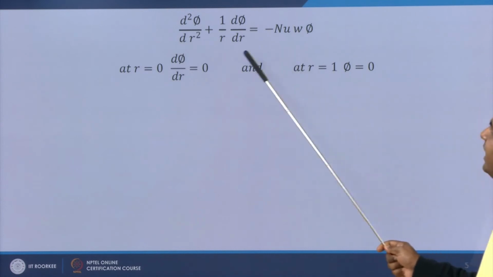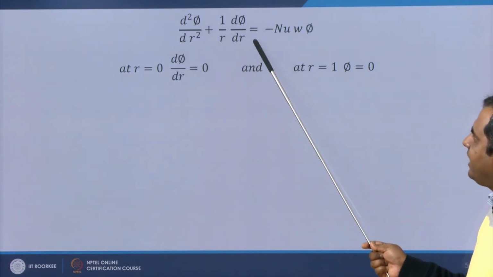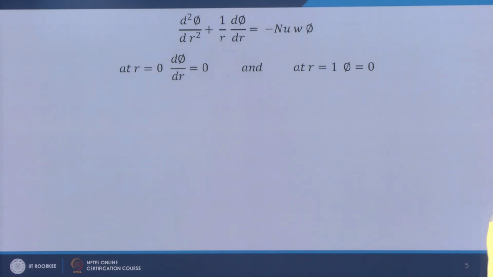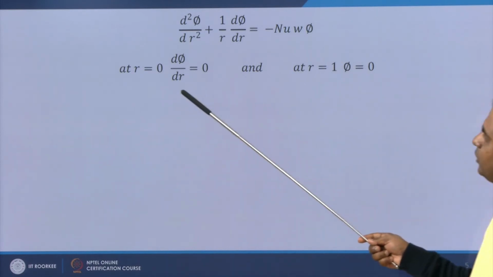So ultimately you get ∂²φ/∂r² plus (1/r) ∂φ/∂r, which is the radial conduction part, equals minus Nusselt number times W times φ. The boundary conditions are as follows.